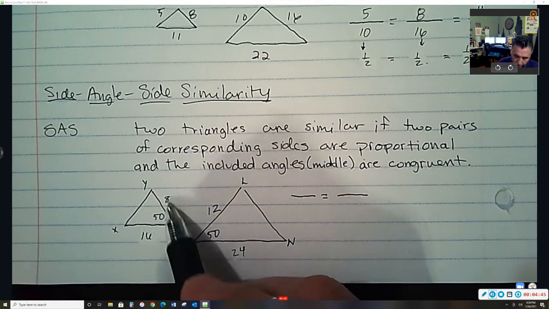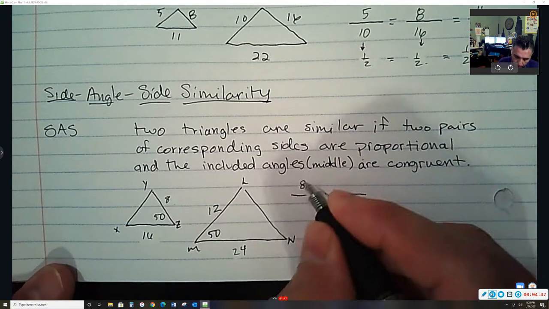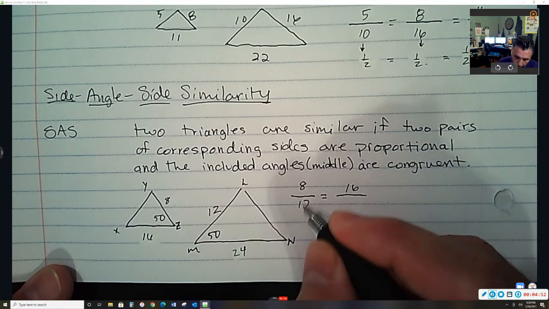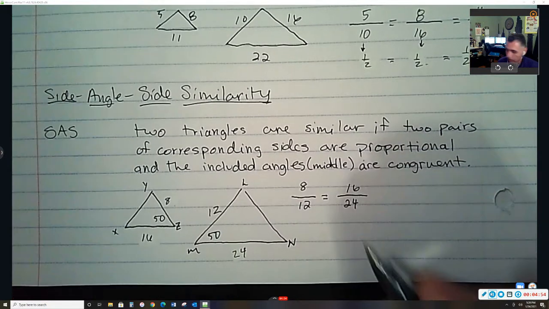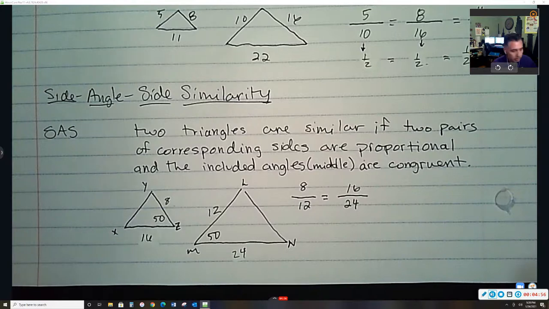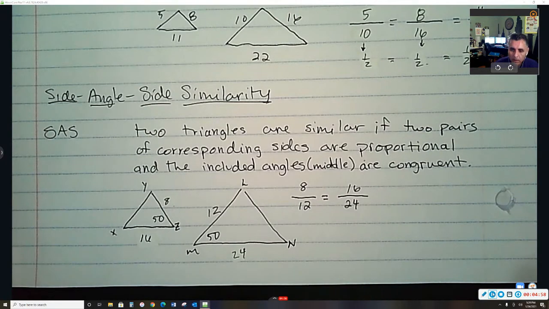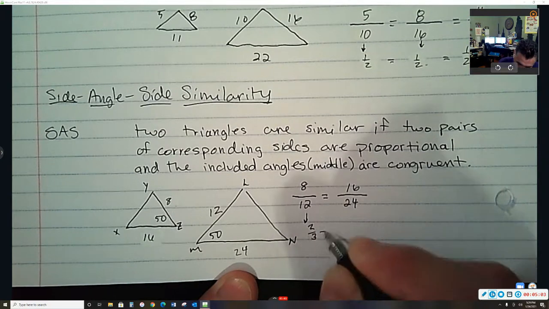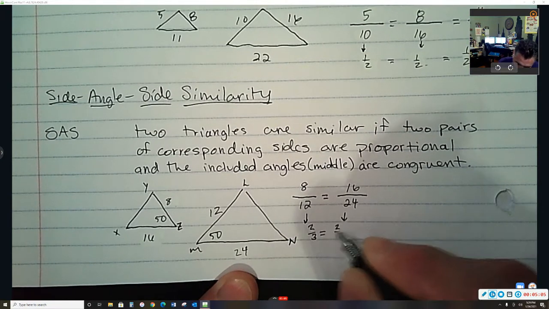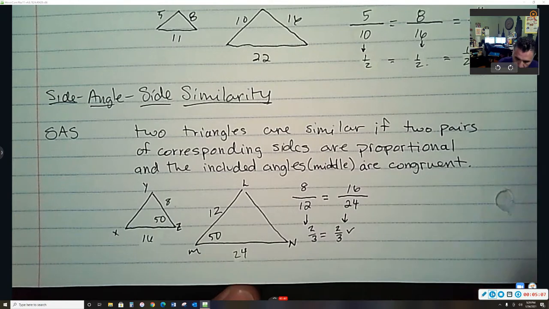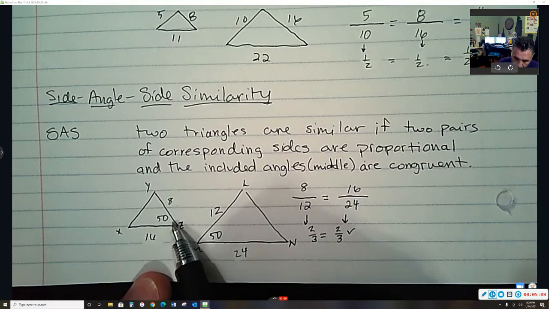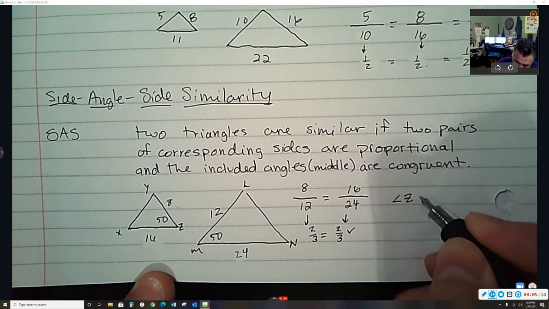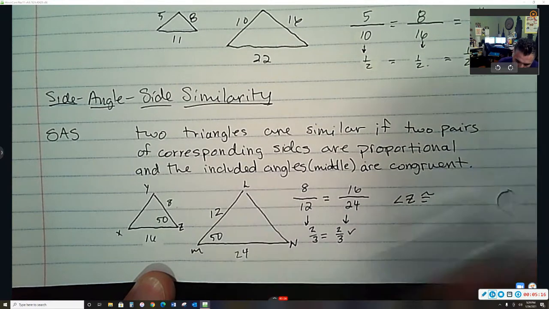I take the small one and then the big one, and the same thing over here. Both of these fractions reduce down to 2/3, so we know they're proportional. And the included angle Z is congruent to angle M.